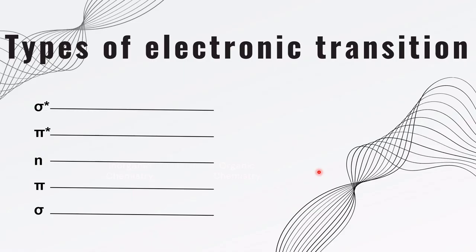Okay, what are the types of electronic transition? In an organic molecule, we have many electrons like sigma electrons, pi electrons, and non-bonding electrons. They lie in different electronic energy levels, so they undergo transitions. The first one is the sigma to sigma star transition.